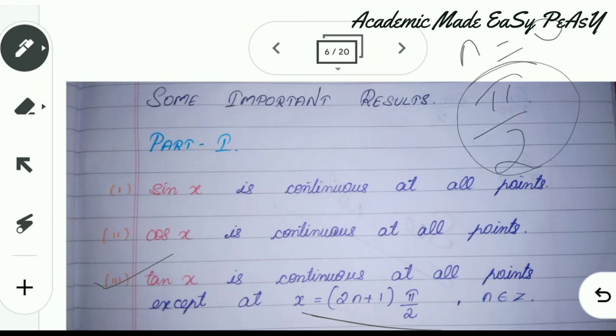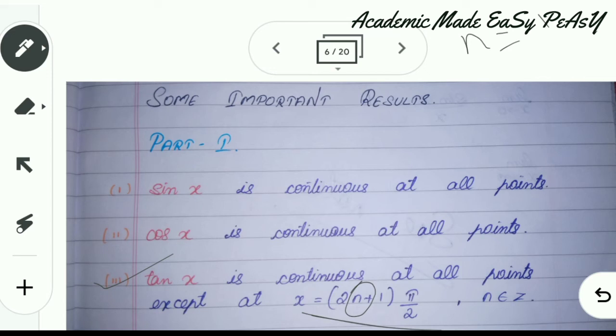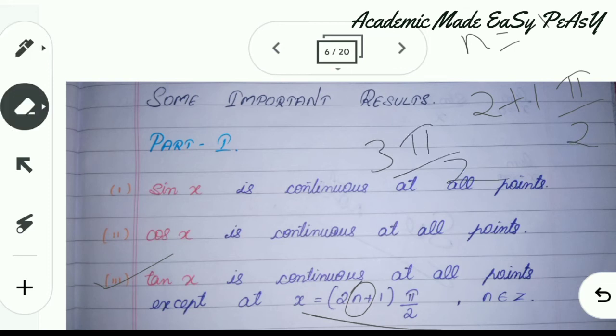So at pi by 2 tan is not defined. Next, if we take n equal to 2, 2 twos are 4, so 4 plus 1 into pi by 2, so 5 pi by 2, it is not defined. And when n is equal to 1, we substitute the value of n as 1, so we will have 2 plus 1 into pi by 2, which is 3 pi by 2. So at 3 pi by 2 also tan is not defined.